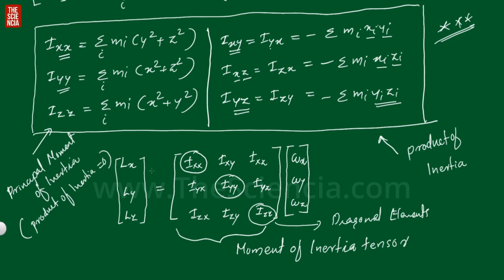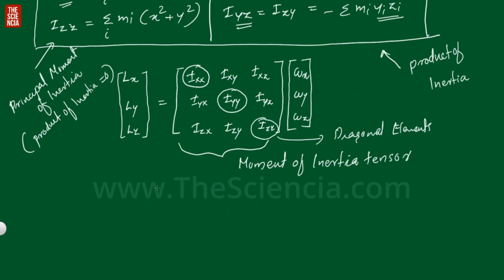So we call Ixx, Iyy, Izz the principal moment of inertia when all the off diagonal elements are 0, that is Ixy is equal to 0, Ixz is equal to 0, and only the Ixx, Iyy, Izz terms exist. Okay, now the properties of the moment of inertia tensor.